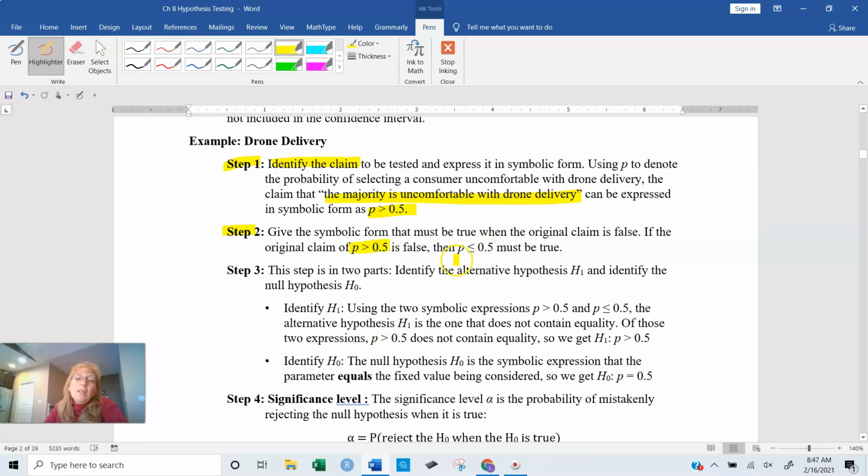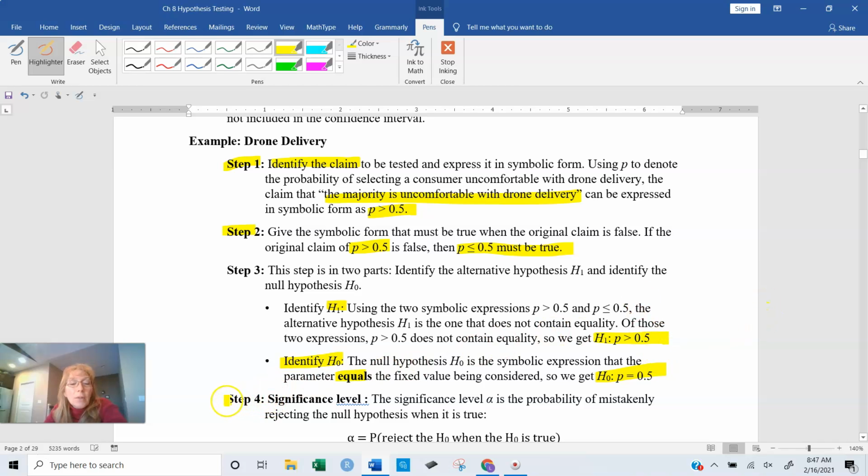That means if this is false, then P is less than or equal to 0.5 must be true. So since this has the equal in it, this is our null. P equals 0.5. Then our alternative, our H1, our H sub A, is P is greater than 0.5. This is what we will be testing.